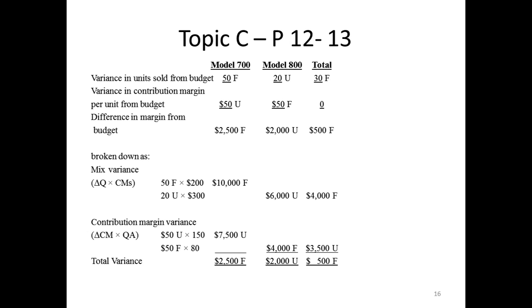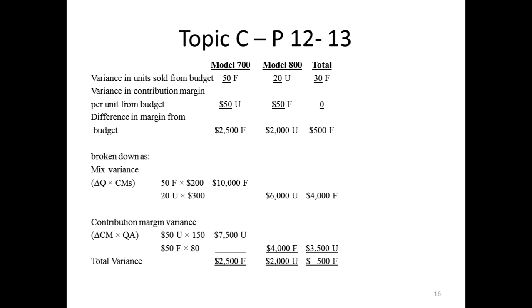contribution margin variance, but when you decompose this into mix and contribution margin variance, you'll see that on the Model 700, there were more machines sold because the price dropped, and so we have a favorable quantity variance for the 700, but the 800 has a very unfavorable quantity variance because as the price went up, less machines were sold.